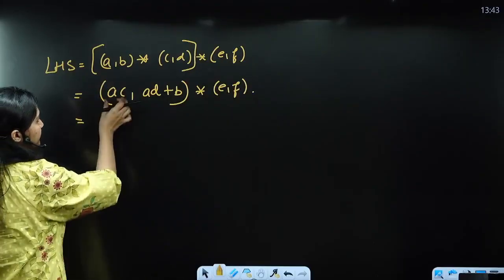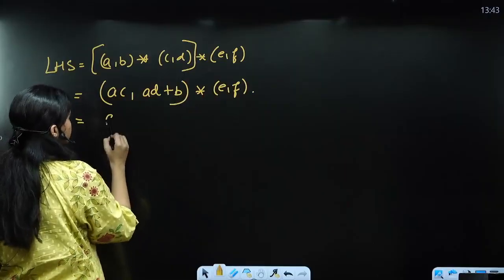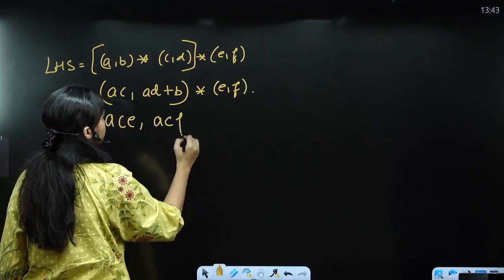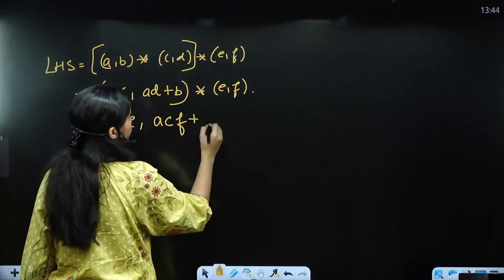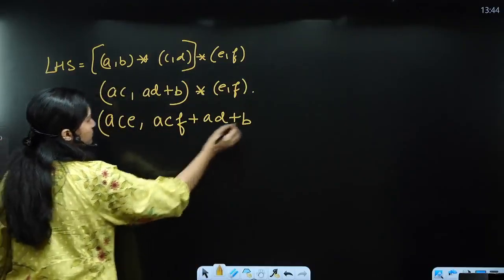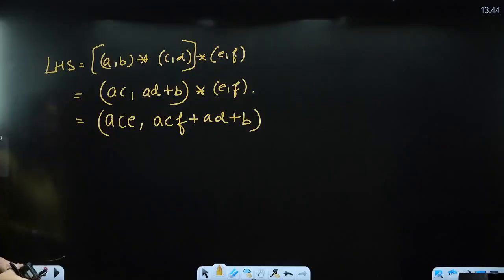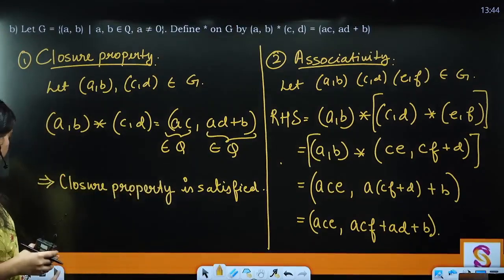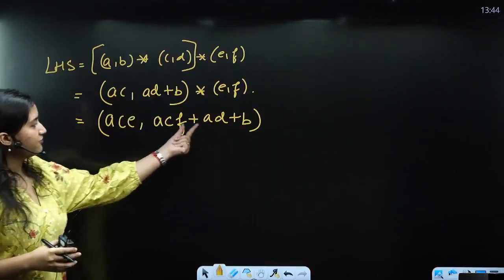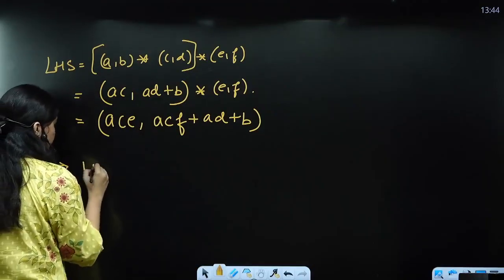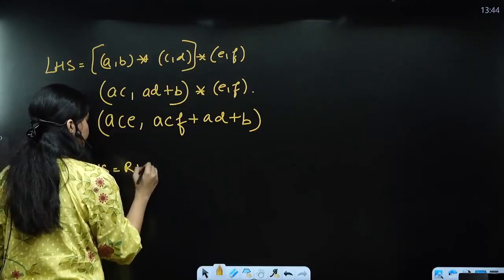Now ac into the first coordinate here, so ace, then ac into f plus the second coordinate, which is ad plus b. Now these two are the final coordinates. Are they equal? ace comma acf plus ad plus b, and acf plus ad plus b. So LHS is equal to RHS.